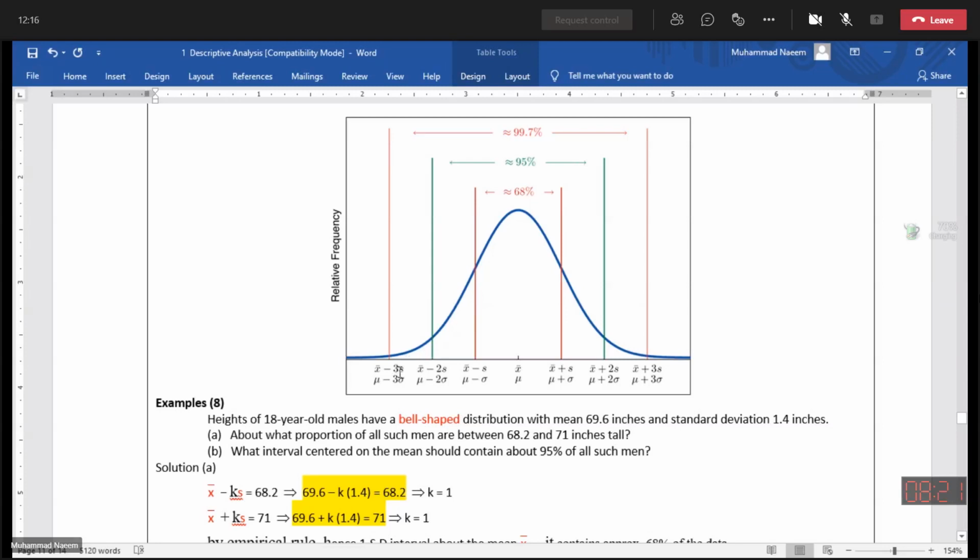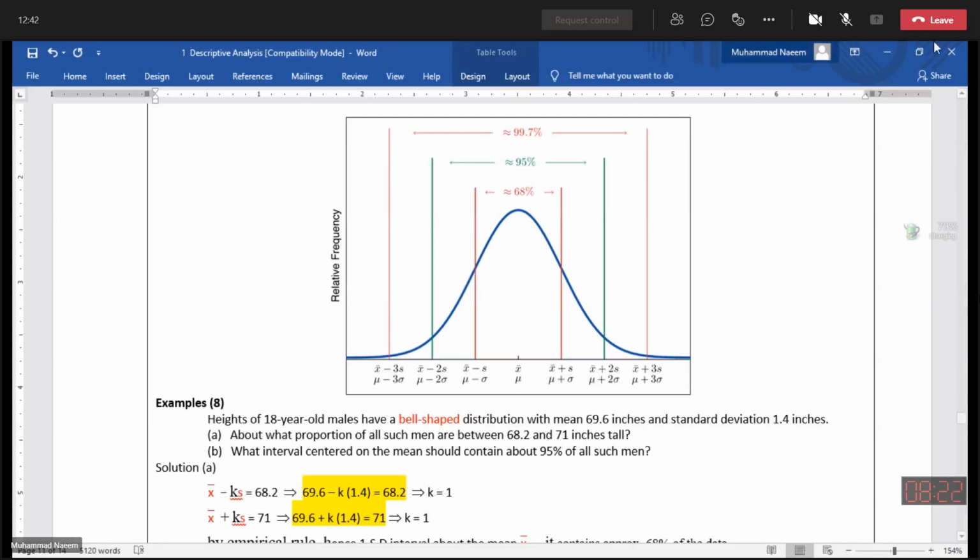Similarly, by subtracting 3s, we are here, and by adding 3s, we are here. So a larger interval, which we call a three standard deviation interval, will contain almost all the data, 99.7% of the data.